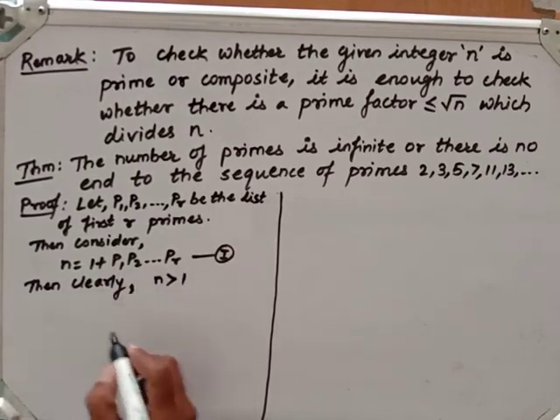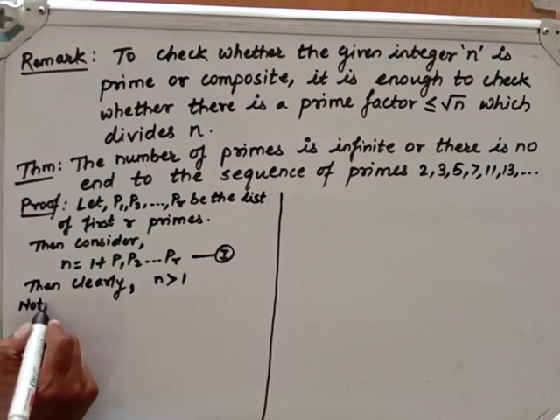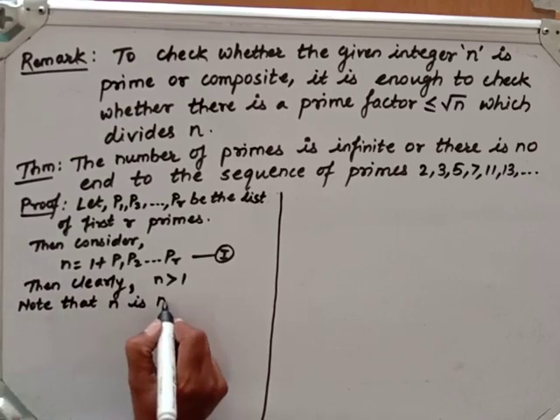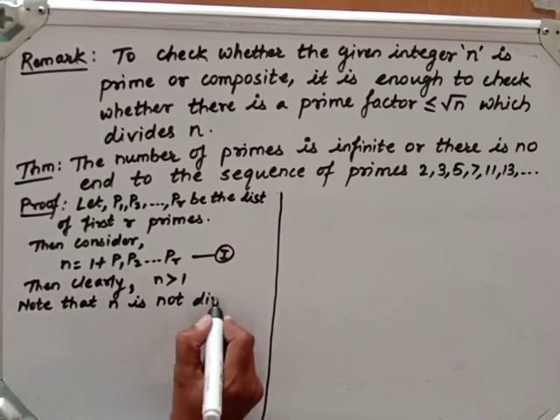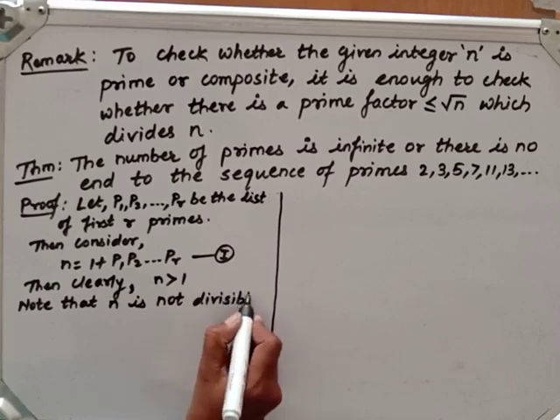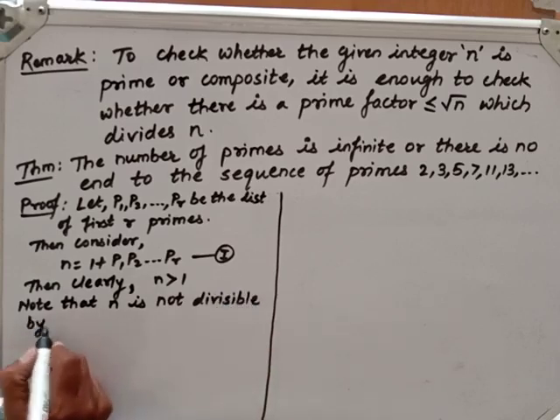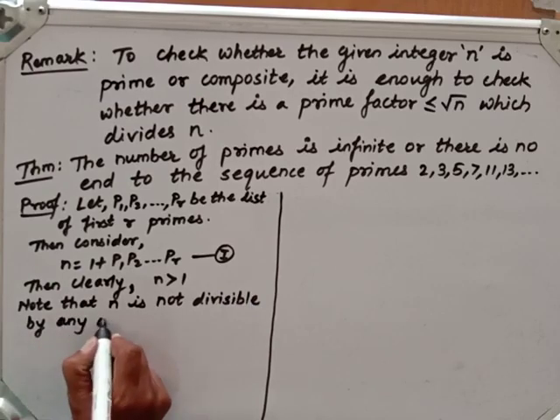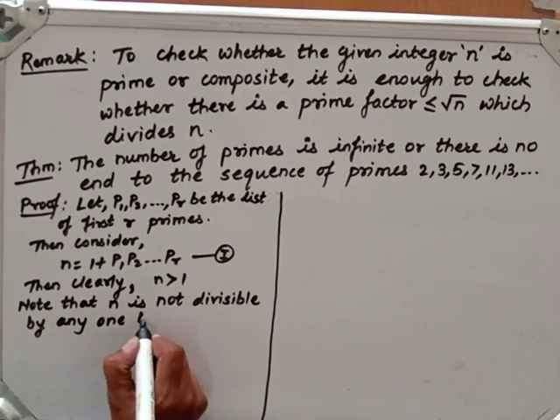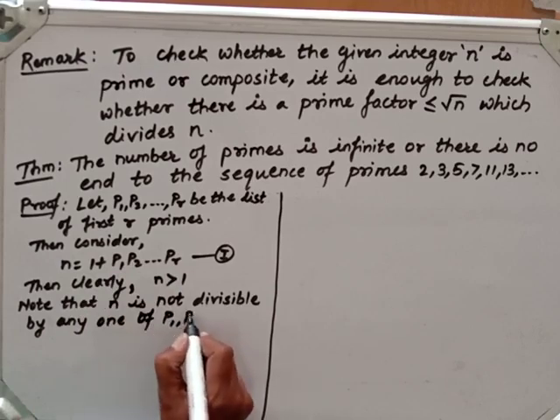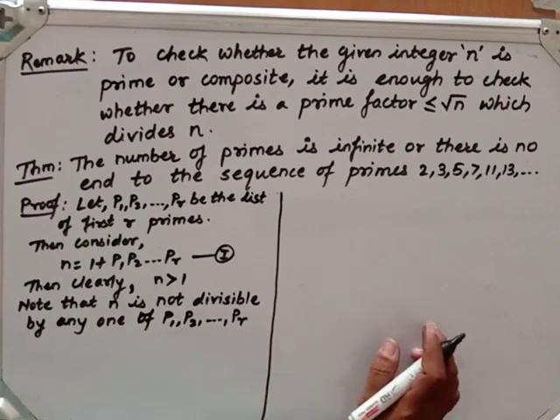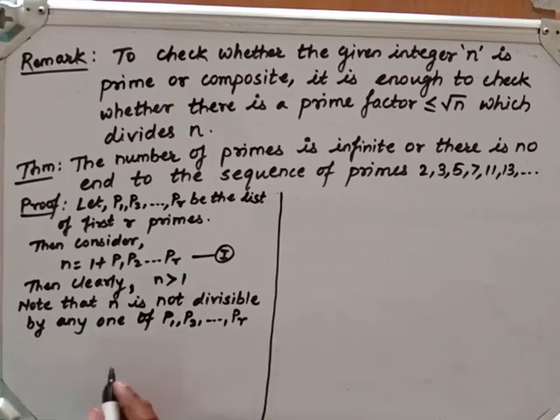Fine. Now note that n is not divisible by any one of these Pi's, P1, P2 and so on up to Pr. n is not divisible by any one of P1, P2, and so on up to Pr.